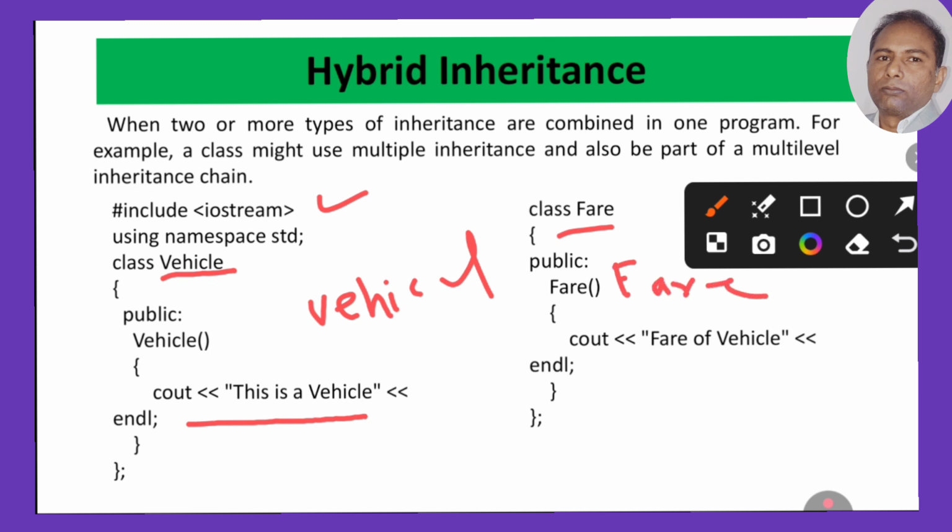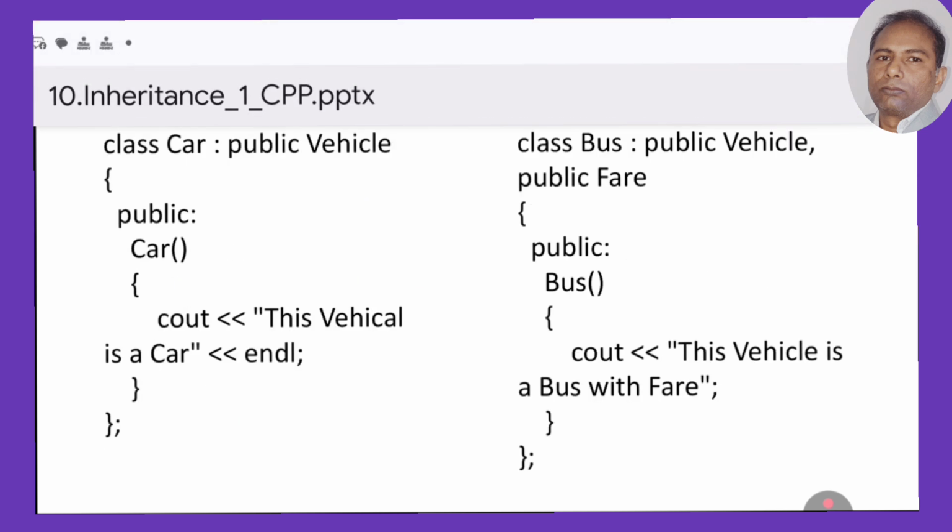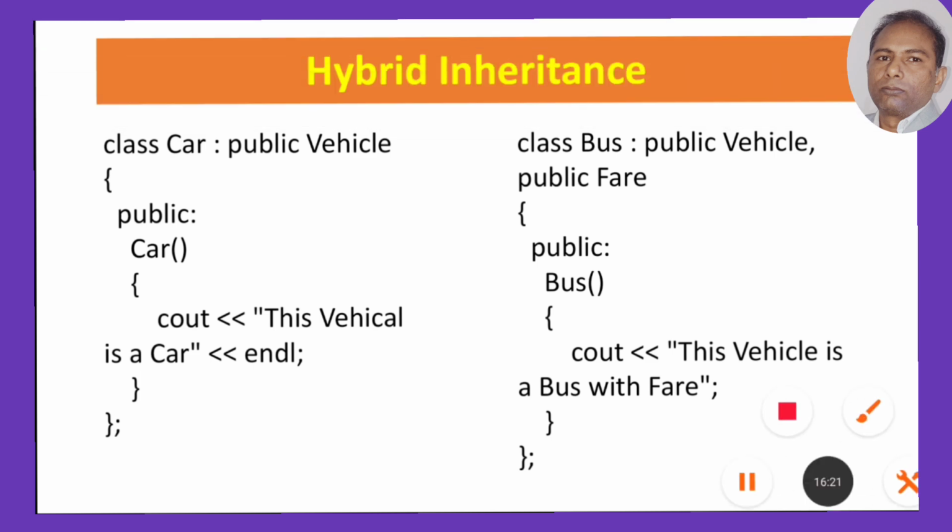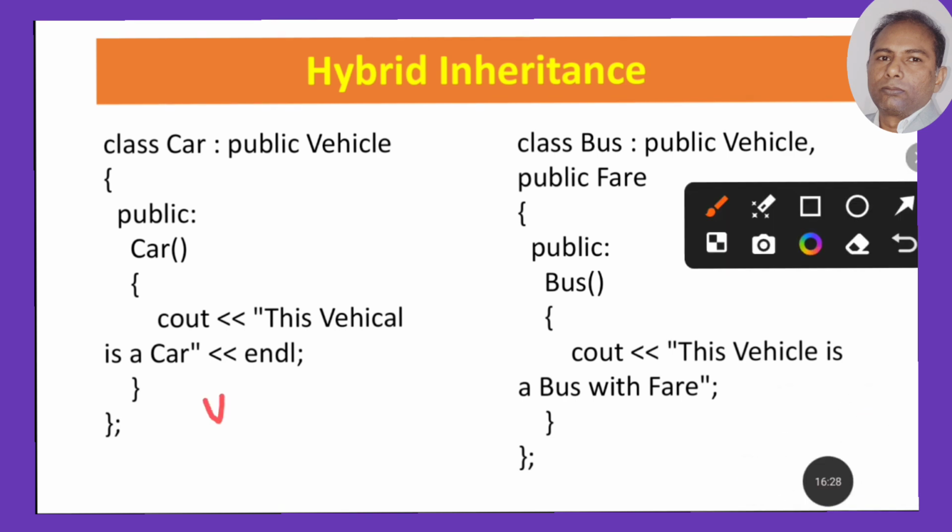In the fare class we will have the output, the fare of vehicle. So till now we have made two classes, that is vehicle and another class fare.